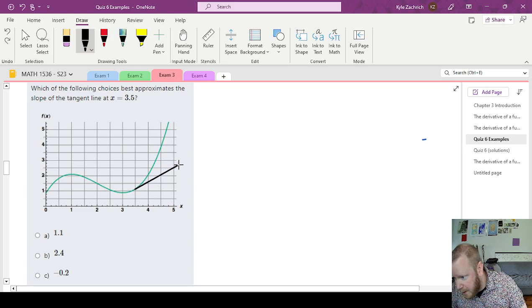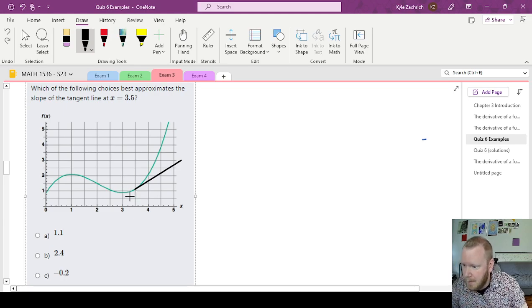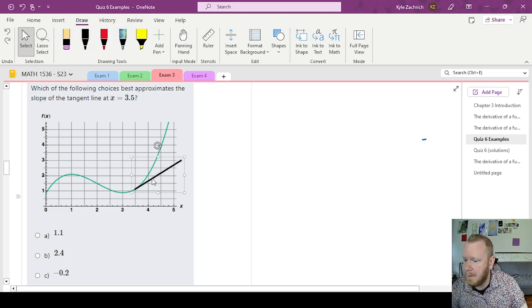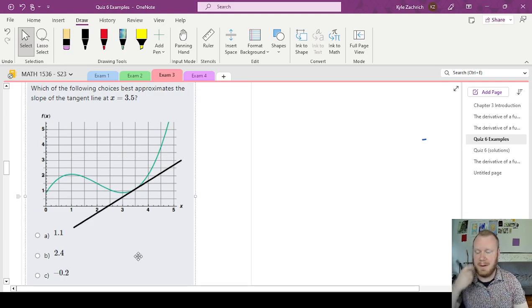Here's 3.5, looks like it's looking about like that. Okay, I think that's a pretty good approximation here.